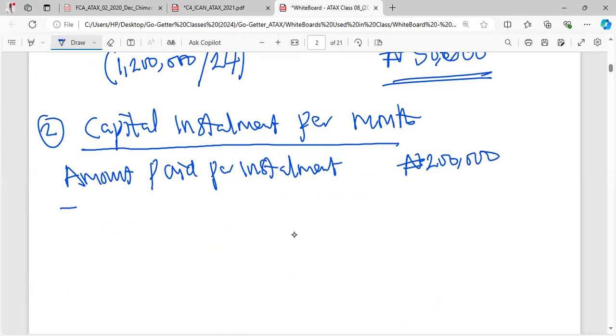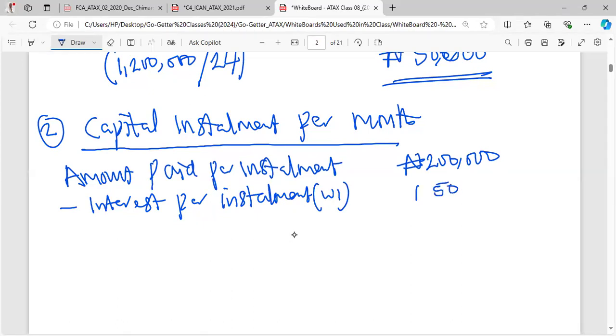You now less interest per installment. See workings one. So is this 50,000 that we've calculated the interest per installment? It's what you are going to remove.